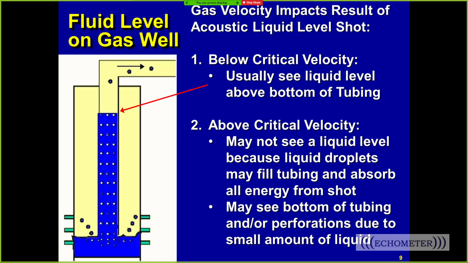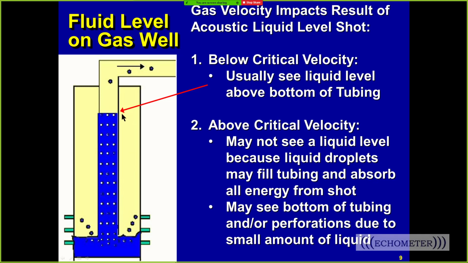So what do you see when you go shoot a fluid level on an oil and gas well? It depends a lot on whether you're liquid loaded or not. If you're below critical rate and you shoot down the casing, you're going to see the end of the tubing and likely a liquid level.